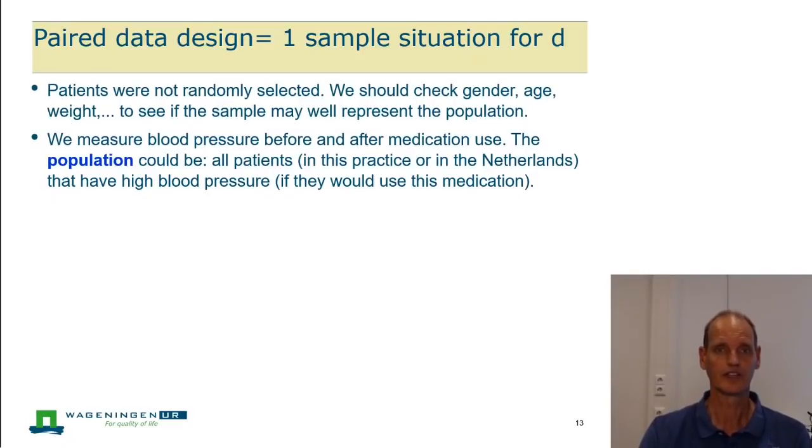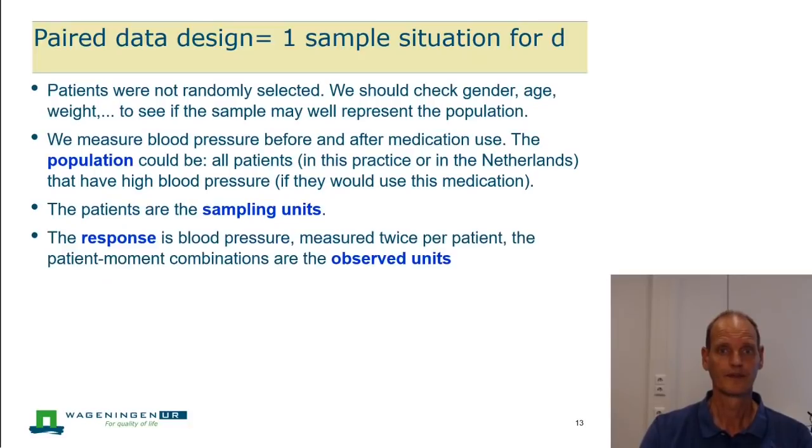But you see it's not very precisely defined. The patients are the sampling units. The response is the blood pressure measured twice per patient. And the patient-moment combinations are the observed units, or the measurement units.